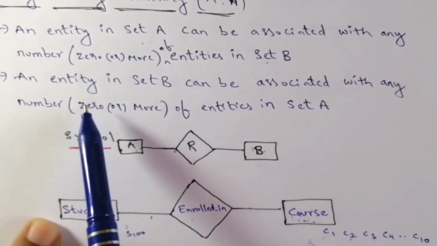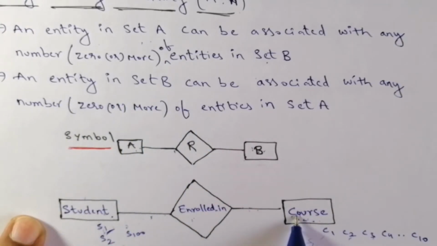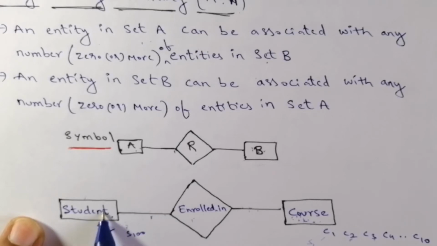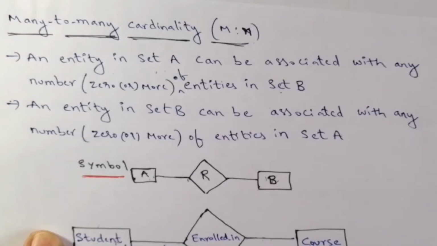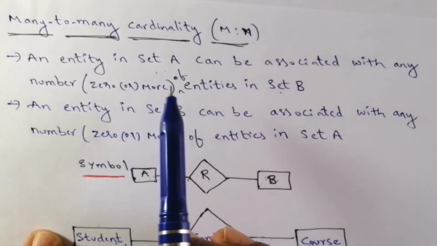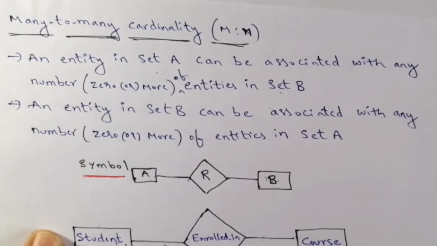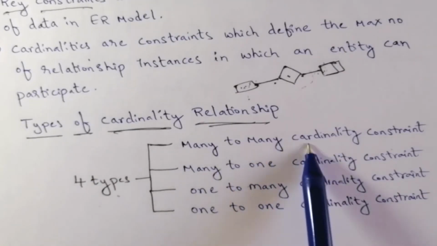In the same way, an entity in set B can be associated with any number of entities in set A, like C1 can have S1, S2, S3, and so on, right? So this is about many to many cardinality, right? We have discussed the many to many cardinalities.